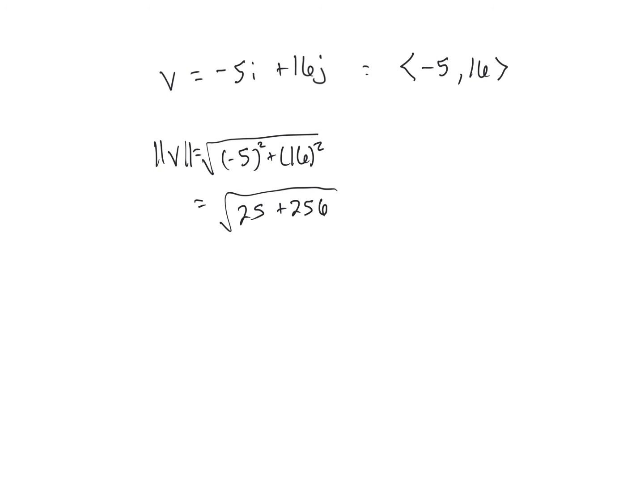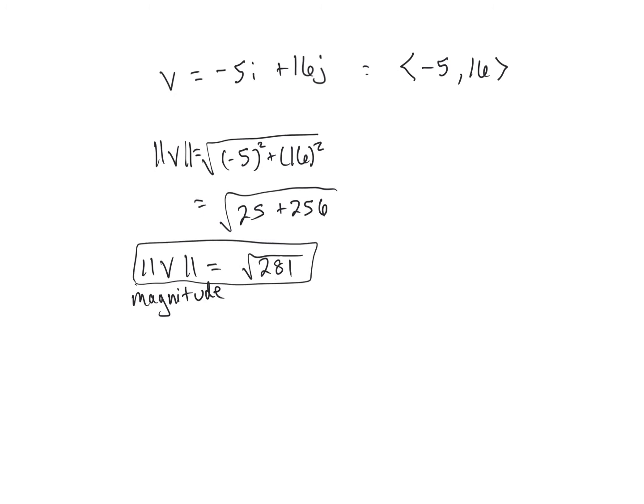So this gives me my magnitude of v, or we say magnitude, is the square root of 281. It doesn't factor well, and I don't believe there are any perfect squares in 281. So that is just my answer, the square root of 281.